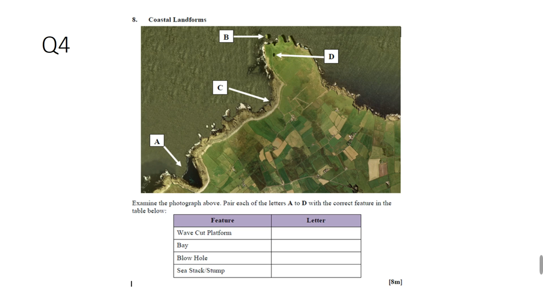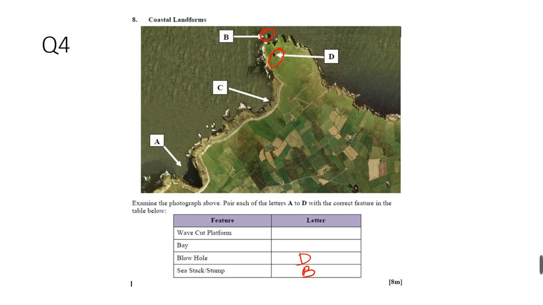Examine the photograph, match the letters, the usual story. I'm going to come back to the wave cut platform because it's easier to start with the most obvious ones first. So I'll do blowhole first, which is D. The sea stack or sea stump off the coast is B. And then you're left with a bay and a wave cut platform.